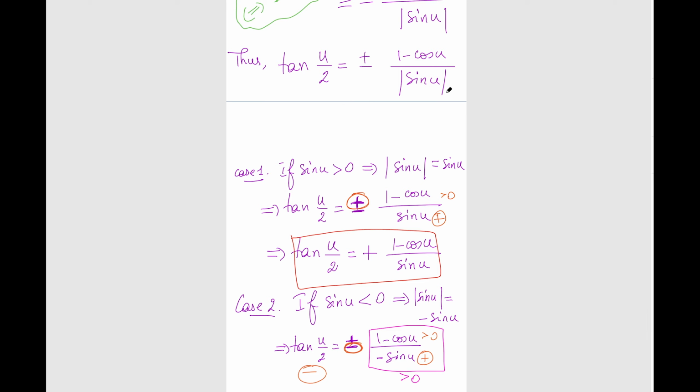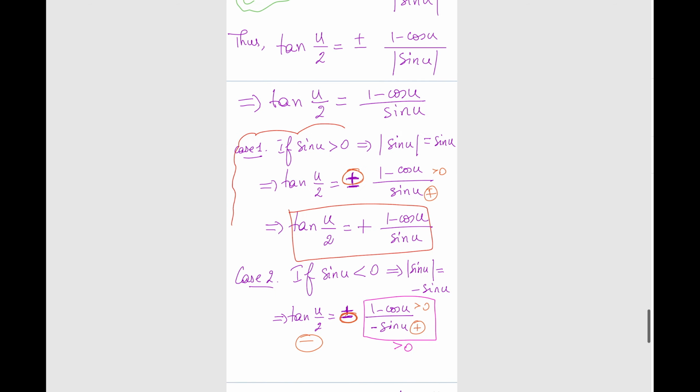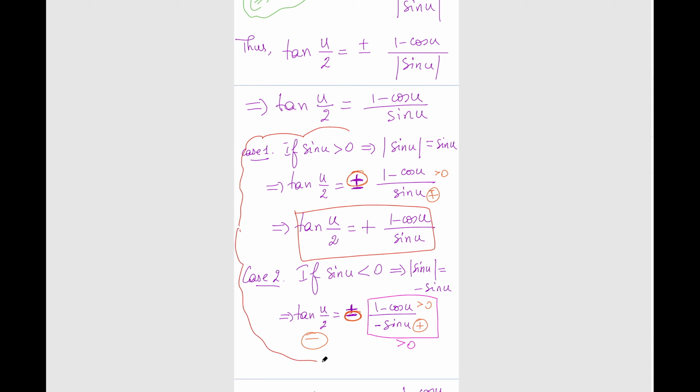So based on this small discussion here, tangent of u over 2, I can write this whole thing as 1 minus cosine of u divided by sine of u. And the reason is behind the discussion just below. All this discussion is what helped me conclude this formula, right?